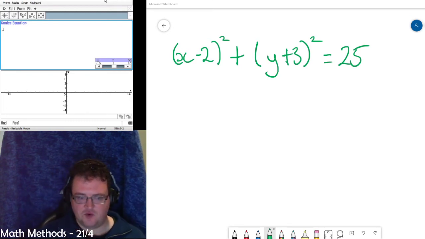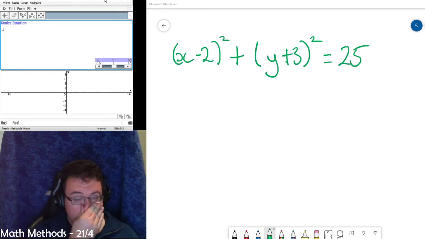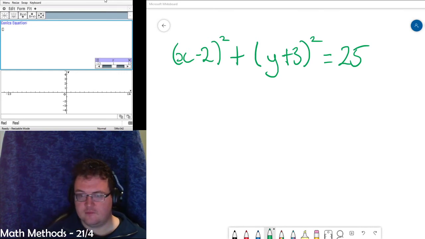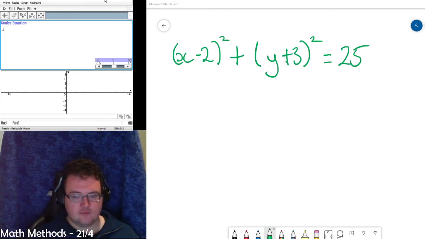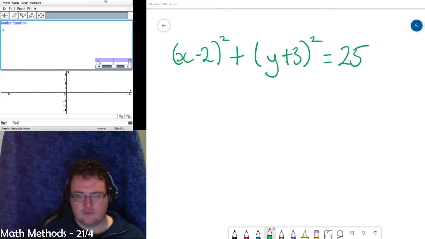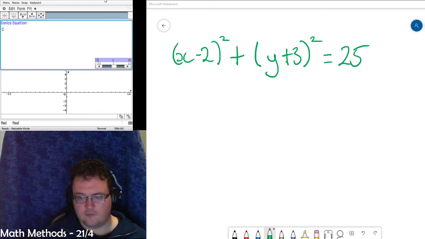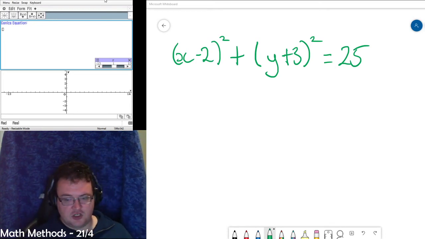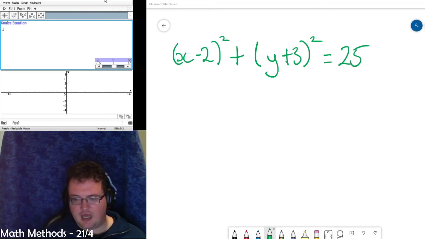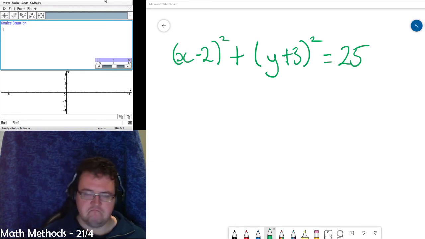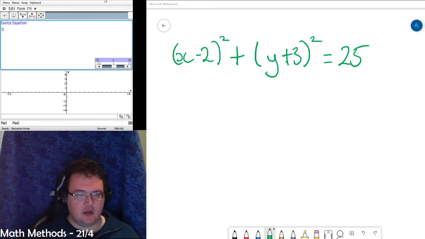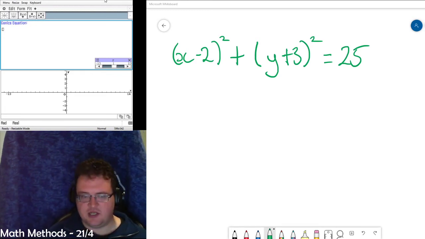What does the plus 3 do? So I've got 2 units to the left, 3 units up. I think some people are thinking upside down.